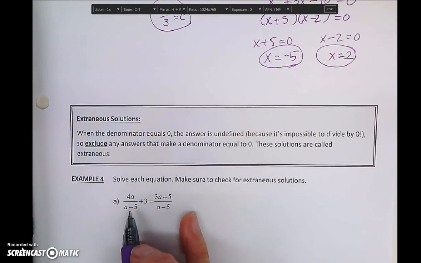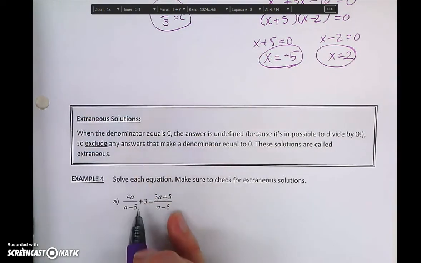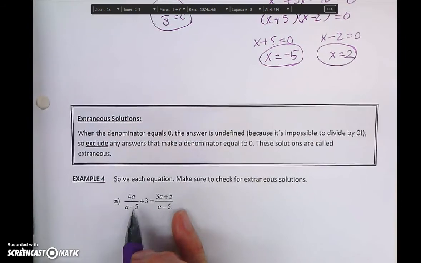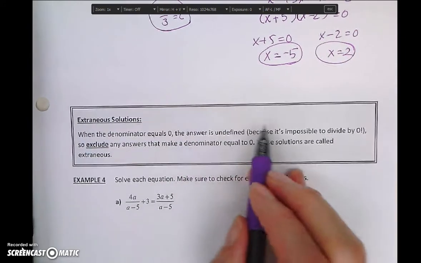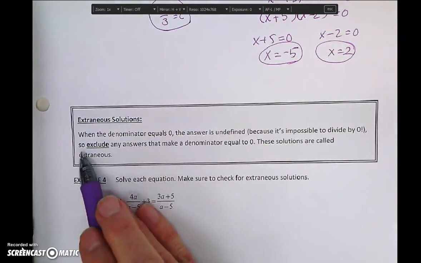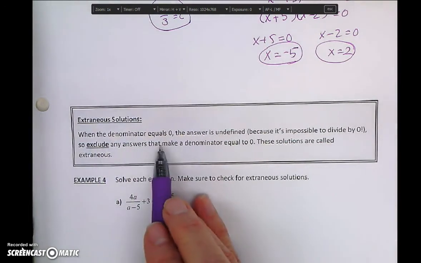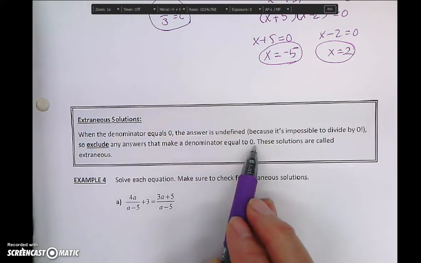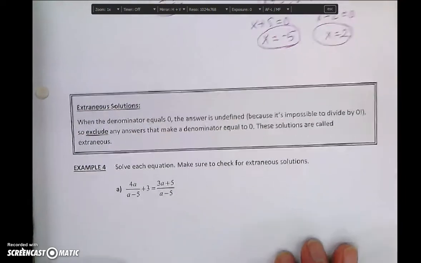So 20 divided by 0 is undefined. So if you get an undefined when you plug it in, it is going to be an extraneous solution. It does not check. So the answer is undefined because it's impossible to divide by 0. So exclude any answers that make a denominator equal to 0. These solutions are called extraneous.